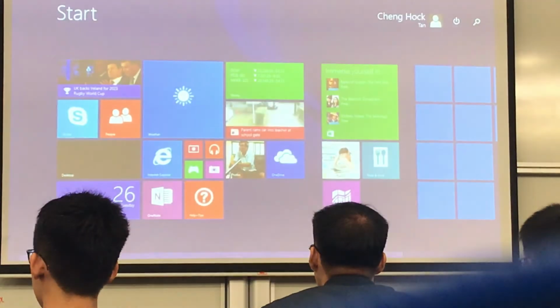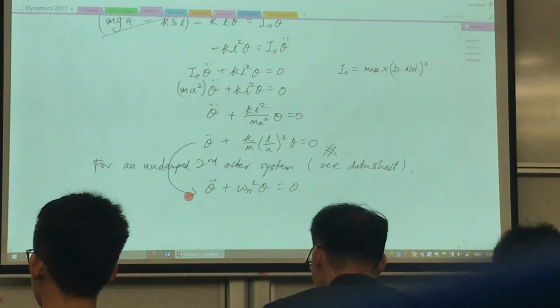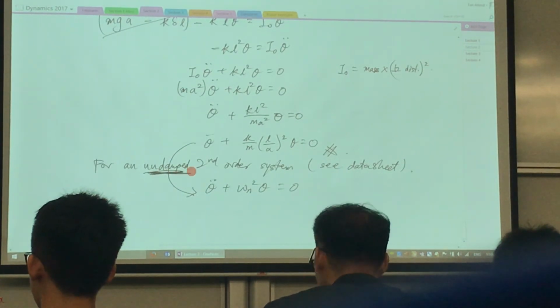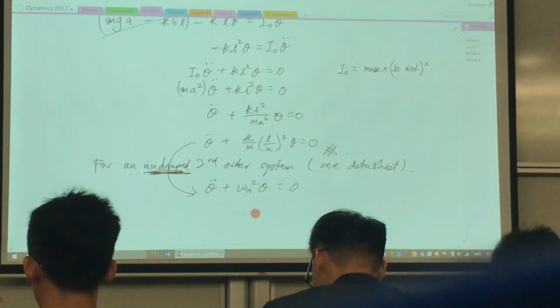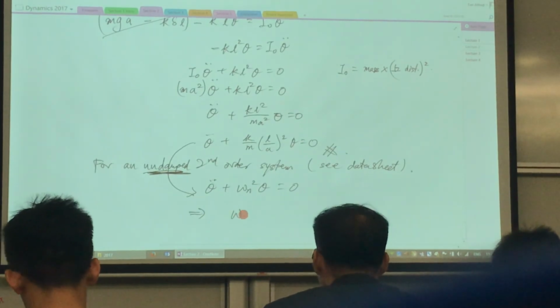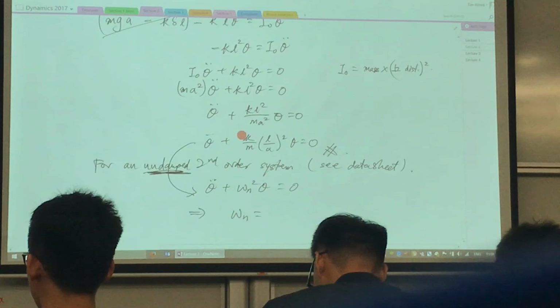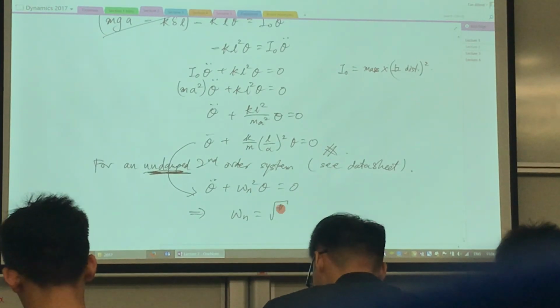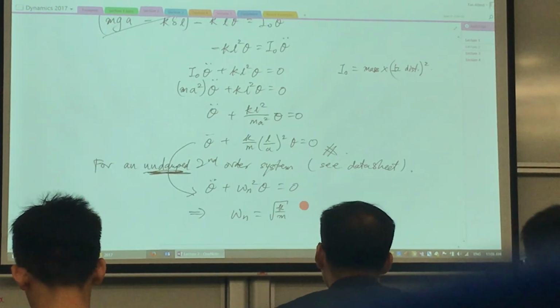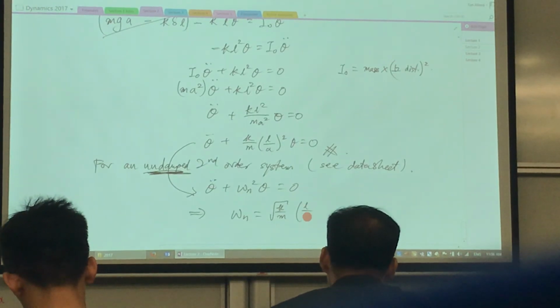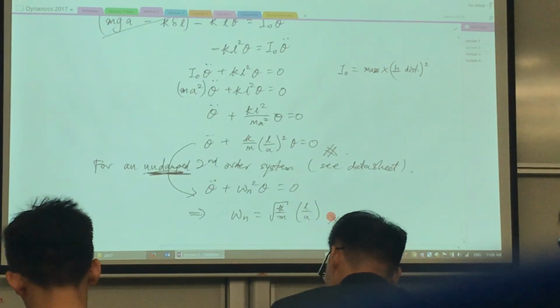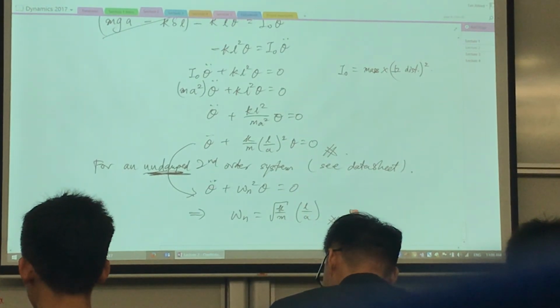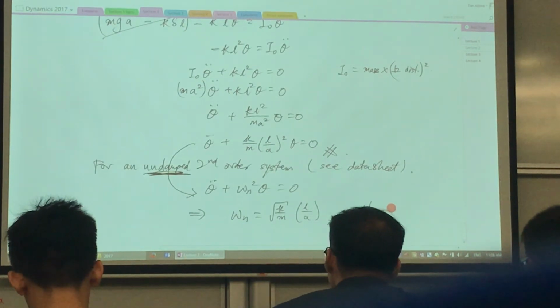This and this must have the same expression because it's an undamped second order system. So this implies that your omega n will be equal to the square root of this, and this will be L over a. So that is your expression, in radians per second.